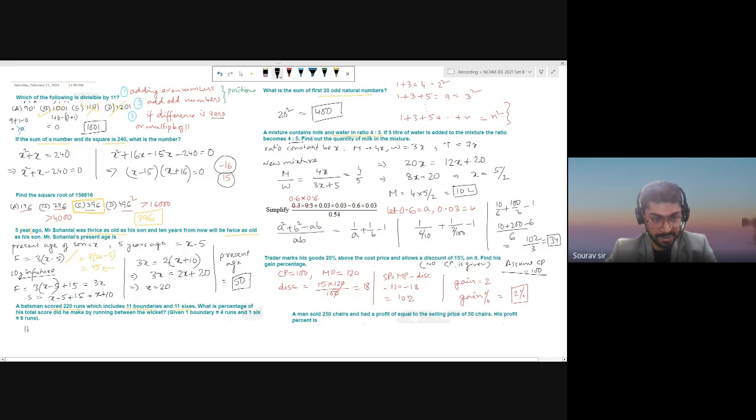So 11 times 4 plus 11 times 6 was what he scored in boundaries and sixes, which is 11 times, take common, 4 plus 6, which is 110. So 110 runs in boundaries. So that's half. So the other half was running. Now they want the percentage, right? So 50% is the answer.